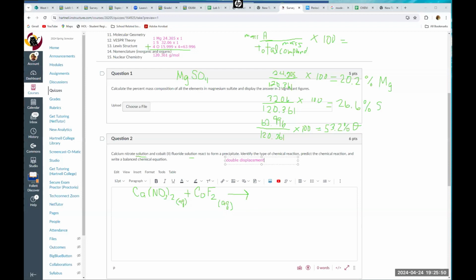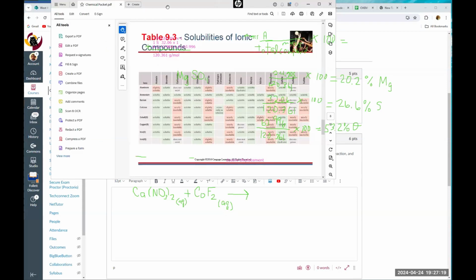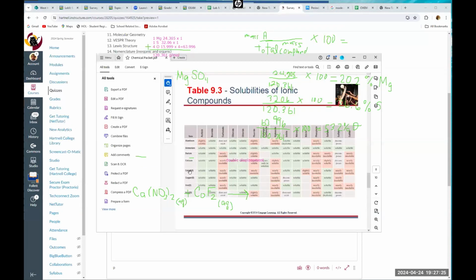Okay, so now the next part is to figure out whether or not we're going to have a product. The way we're going to do that is we're going to go to our solubility chart. We know that we have cobalt 2 fluoride, so we want to go over to fluoride.